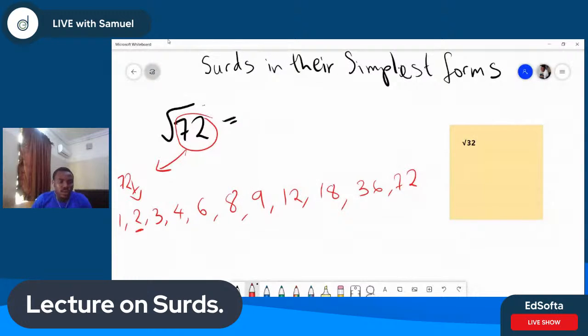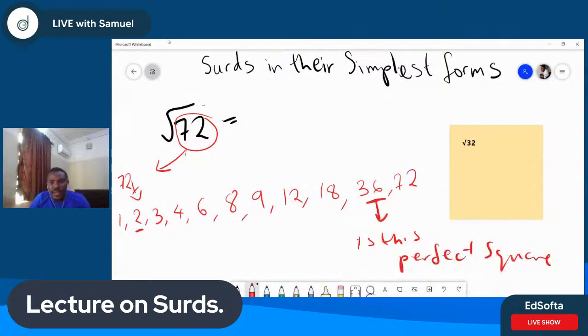So if you look at 2, the simplest factor is 2. What you multiply 2 by to give you 72 is 36. Then you check, is 36 a perfect square? Yes, it is a perfect square of 6 squared.